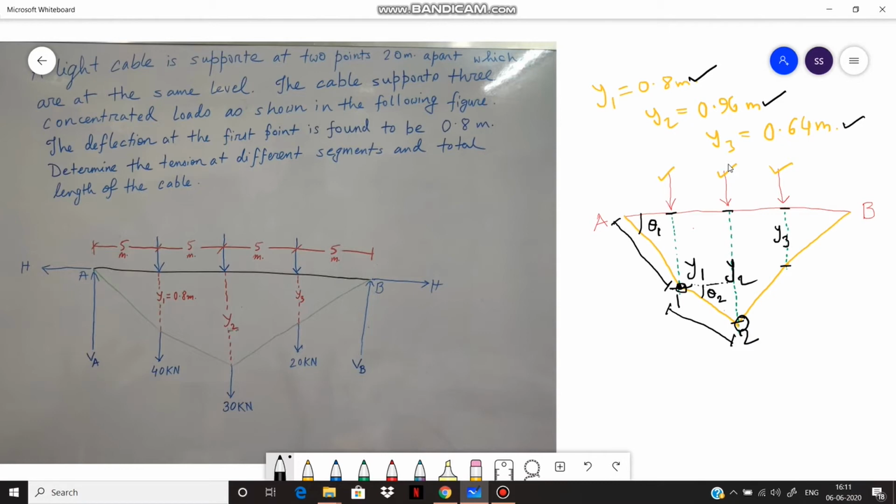Then comes the segment 2 3, and its inclination we take as theta 3, and the segment 3B, and its inclination we take as theta 4.